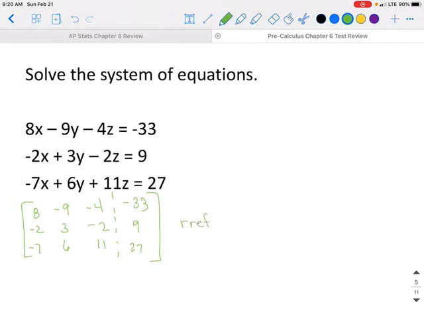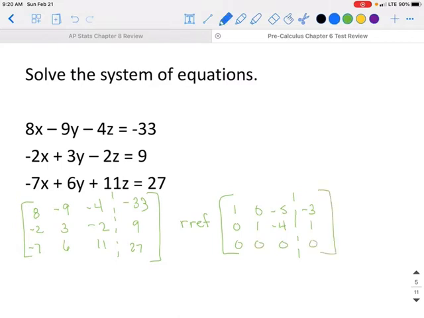If we do that reduced row echelon form for this matrix, you are going to end up with 1, 0, -5, and -3, 0, 1, -4, and 1, and 0, 0, 0, 0.